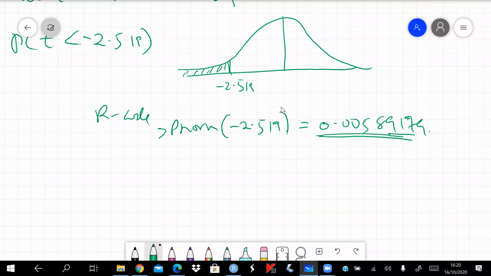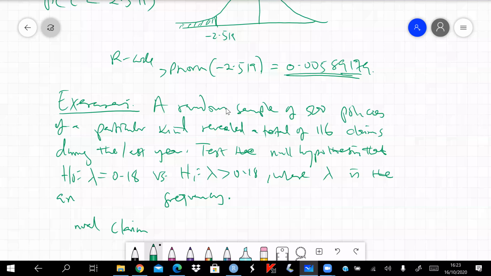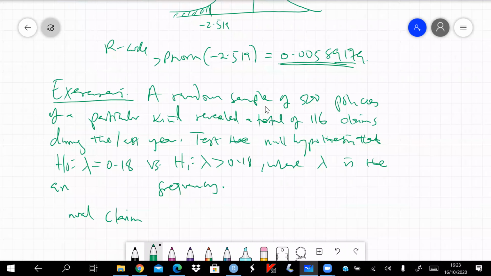So, exercise, you try this at home. The exercise says that a random sample of 500 policies of a particular kind revealed a total of 116 claims during the last year.